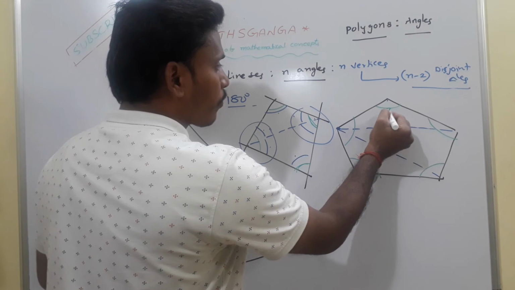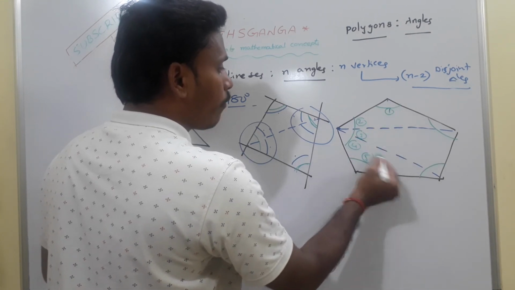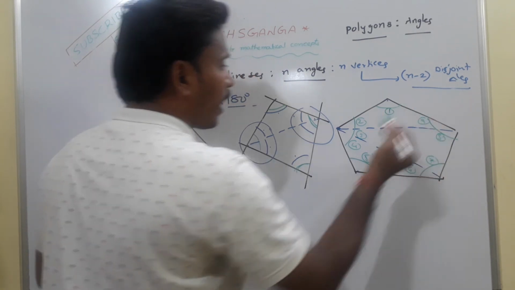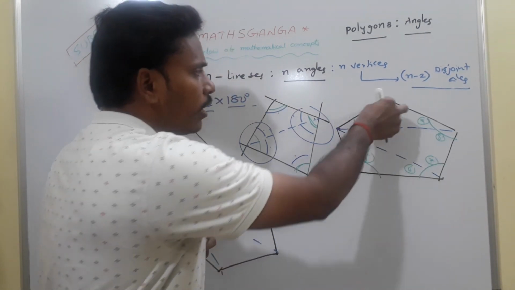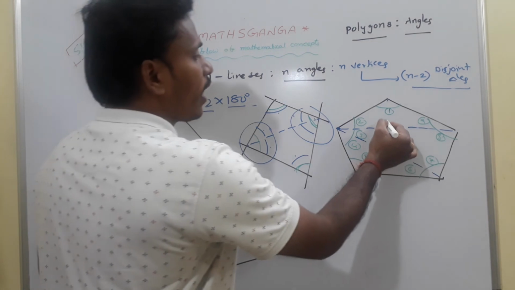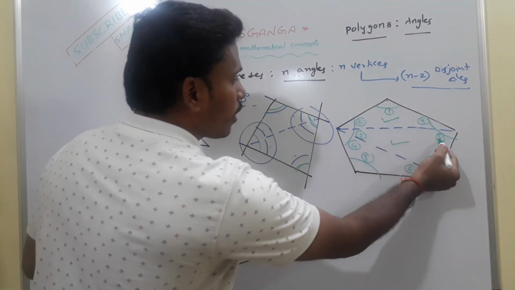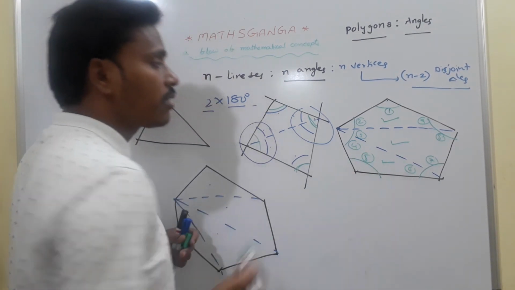This is angle 1, angle 2, angle 3, angle 4, angle 5, angle 6, and this part is angle 7, angle 8, angle 9. By drawing these two lines, I divided the usual 5 angles into 9 angles. From this triangle, 1 plus 2 plus 9 is 180. From this triangle, 3 plus 8 plus 7 is 180. From this triangle, 4 plus 5 plus 6 is 180.